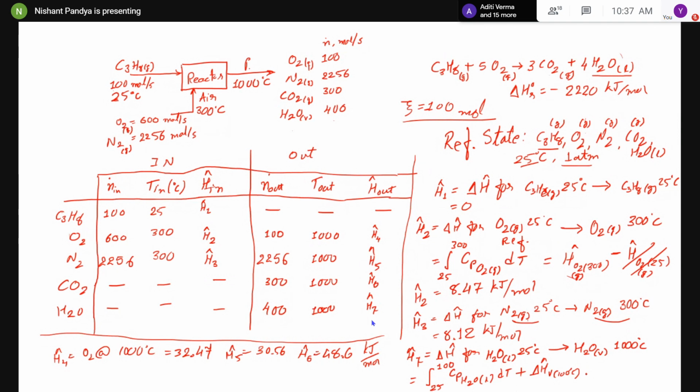And then bring that saturated vapor at 100 degrees Celsius to the desired temperature of 1000 degrees Celsius, so Cp of water vapor phase from 100 to 1000. Is this clear?